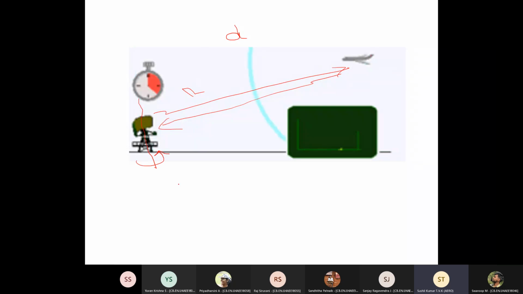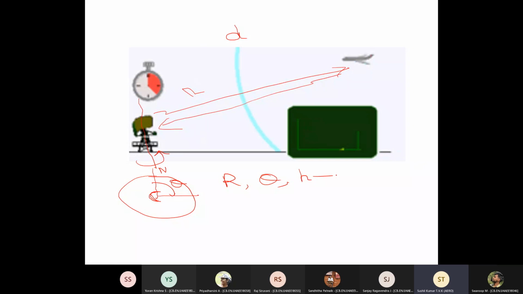If you look at the azimuth plane, it's going to be something like this. The antenna is going to look like this. And with respect to north, what is the angle? That is theta. So basically, we are going to get range information and theta information. And if it's a height finding radar, we can also get height.